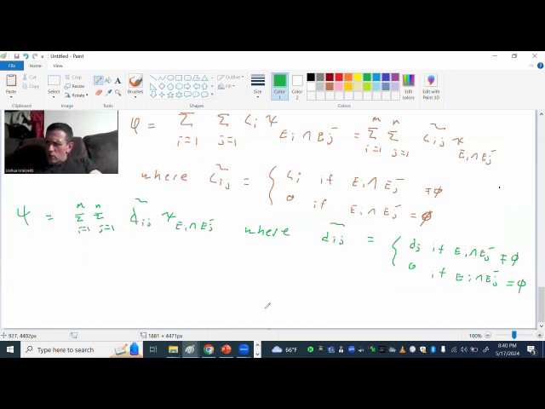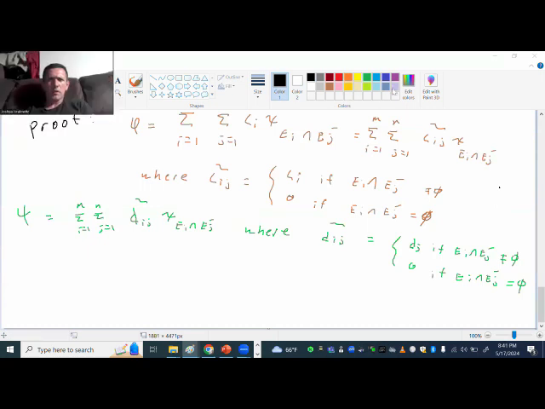Okay, so how does this help me? One thing is, as I mentioned before, we know the E_i intersect E_j primes partition E, so I can use my proposition. We have really two cases here.